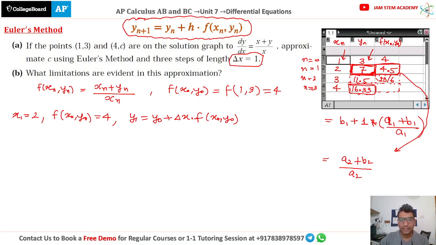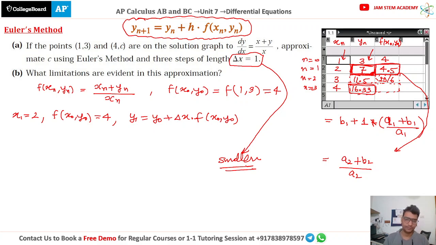So if we make it as small as possible, we will get better and better results. The smaller the delta x value or step size, the better the approximation. So this is actually the limitation of this method. If we take a higher value of the step size, we do not get a better solution.